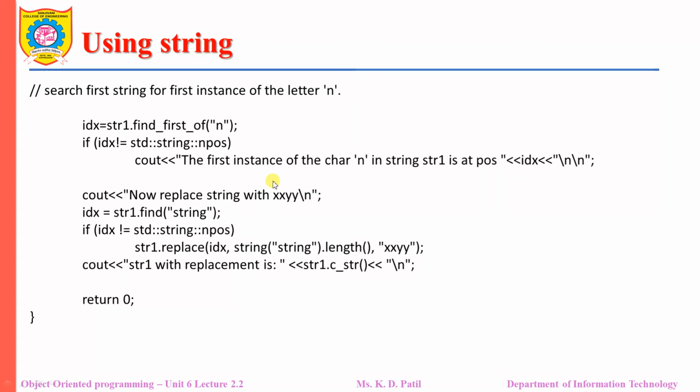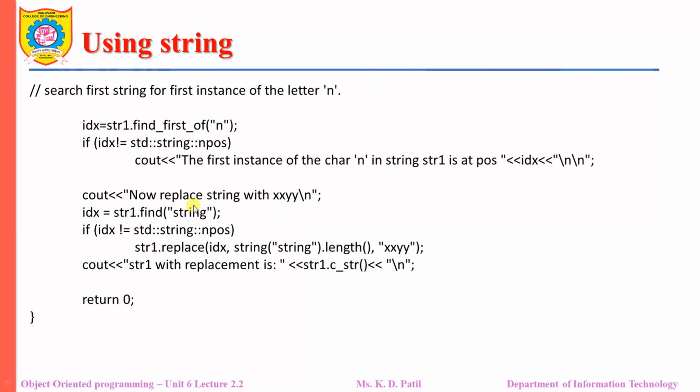Okay, and now if I want to replace some string from that main string, that is string 1, with some characters, then I can do that also. For that I need to find out the string first which I want to replace. I want to replace that string with xxyy.